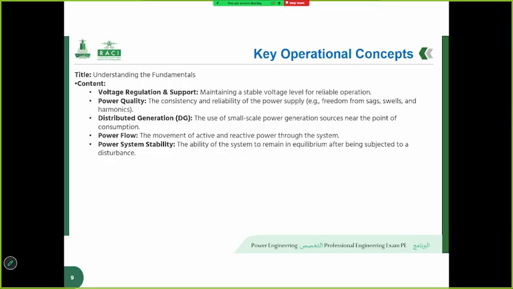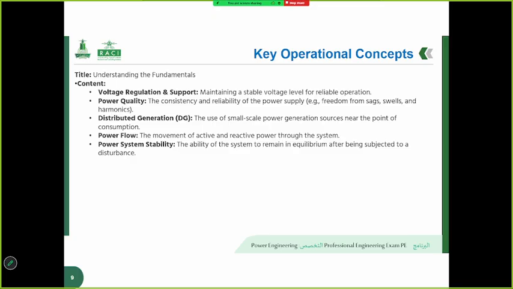DG is a rapidly growing field that fundamentally changes the traditional power grid model, and it can improve grid efficiency by reducing transmission losses, enhance grid reliability by providing local power sources, and support the integration of renewable energy.